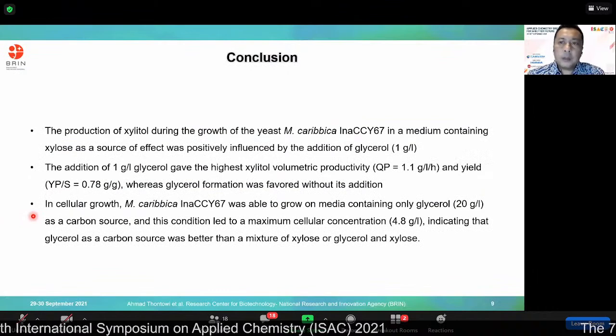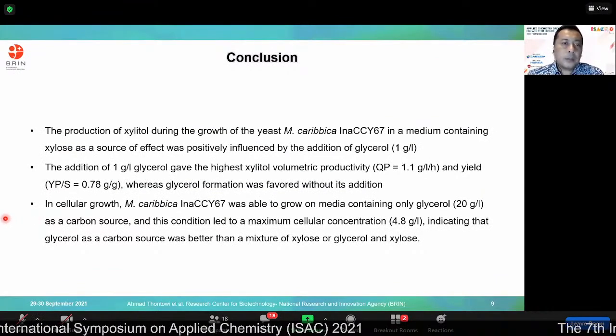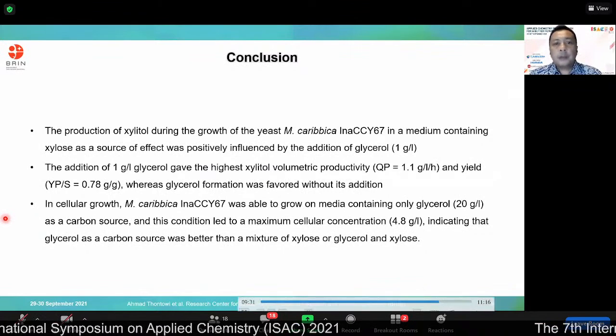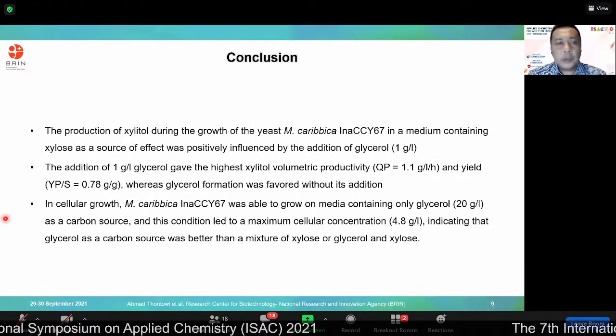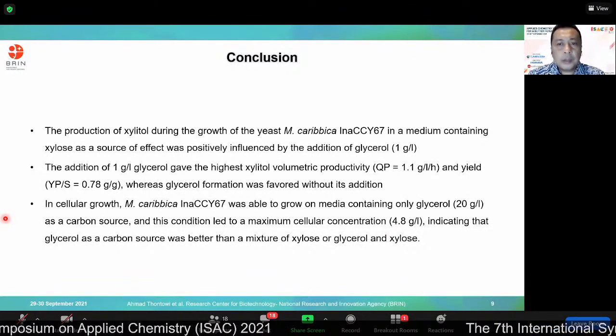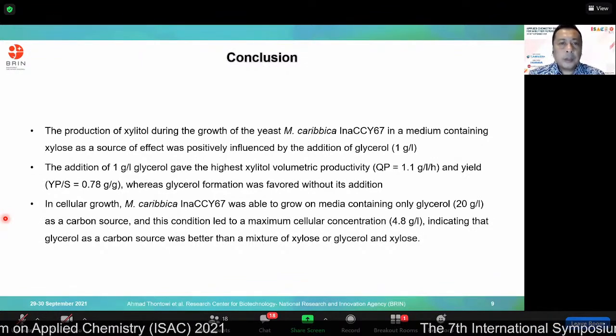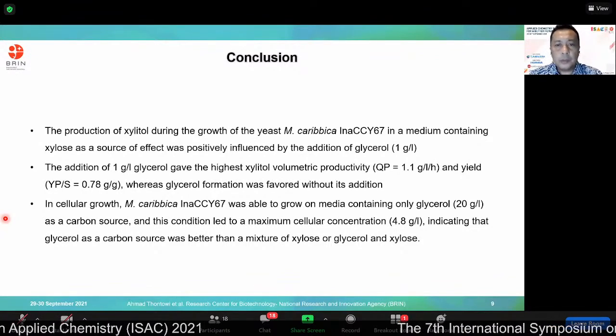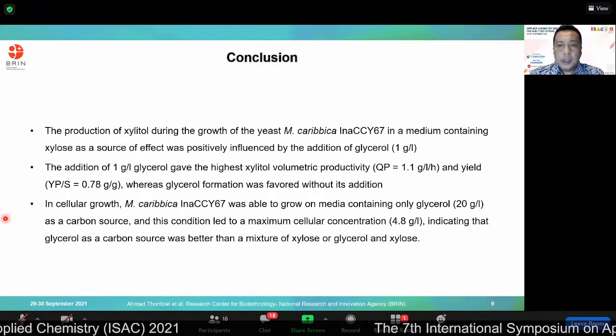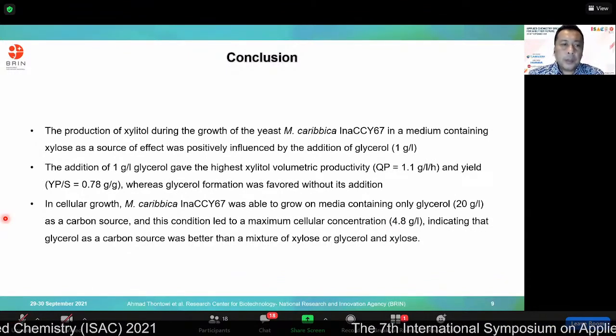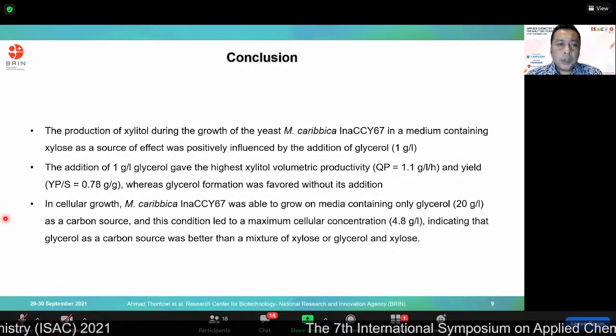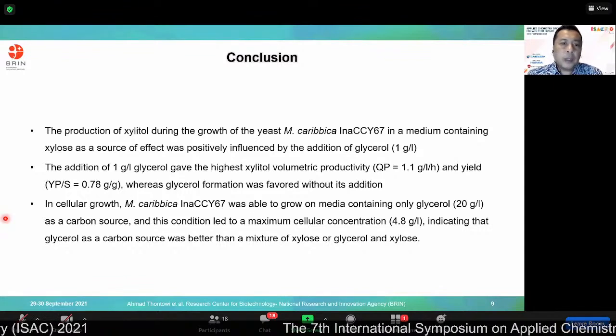This is the conclusion of our result. The production of xylitol during growth of the yeast in medium containing cellulose as a source of carbon was positively influenced by the addition of glycerol. The addition of 1 gram per liter glycerol gave the highest xylitol volumetric productivity and yield, YP per S, 0.78 gram per gram, whereas glycerol formation was performed without an addition.